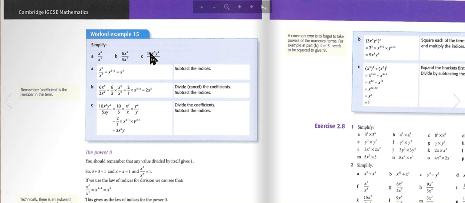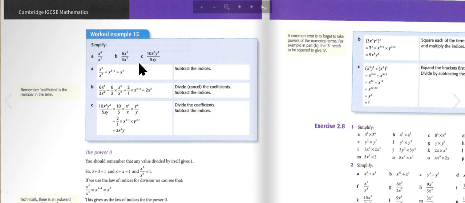Worked example 15. Simplify: A, x to the power of 6 over x to the power of 2. B, 6x to the power of 5 over 3x to the power of 2. C, 10x cubed y squared over 5xy.